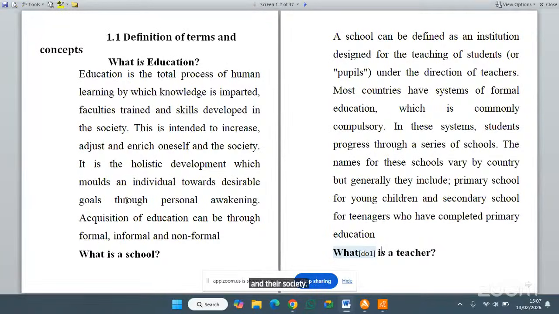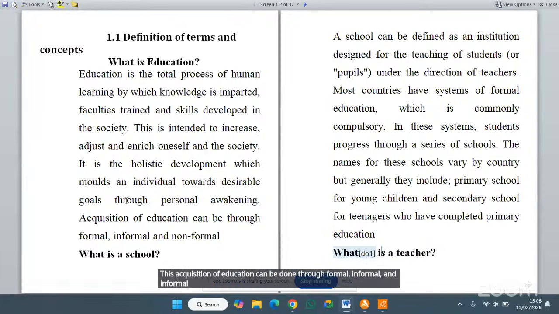So it is a holistic development that molds an individual for desirable goals through personal awakening. This acquisition of education can be done through formal, informal, and non-formal approaches, which we shall also cover in a few minutes.